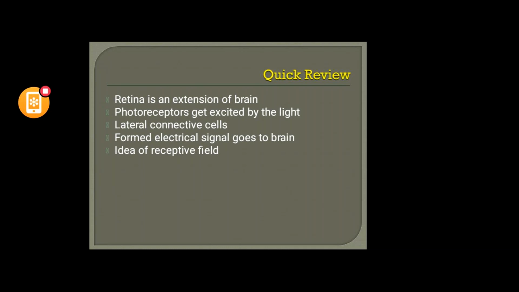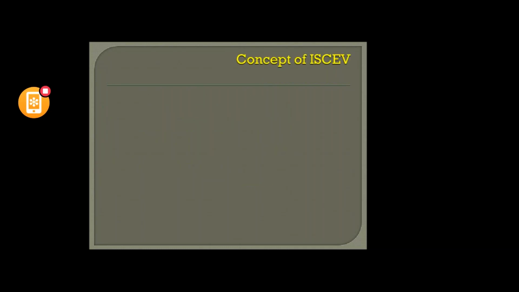And there are some lateral connective cells, known as horizontal cells at the level of photoreceptors, and amacrine cells at the level of bipolars, and these are all intercellular connections, which maintain the connectivity between two cells. And finally, as it goes to the brain, that is the way we are able to see. We also got some idea of the receptive field, and we came to know how the receptive fields work, both the bipolars and the ganglions, with the pictorial representation.